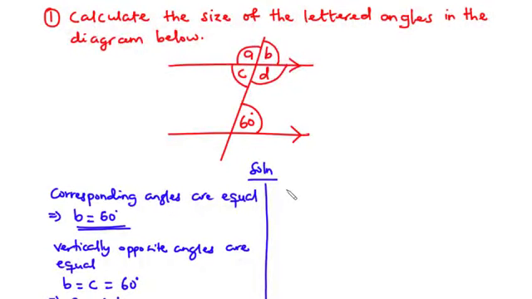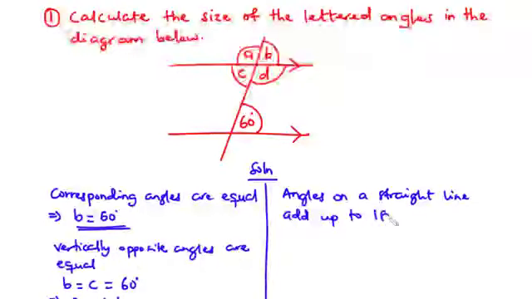So we have angles on a straight line add up to 180 degrees. Therefore, we have A plus B equals 180 degrees.